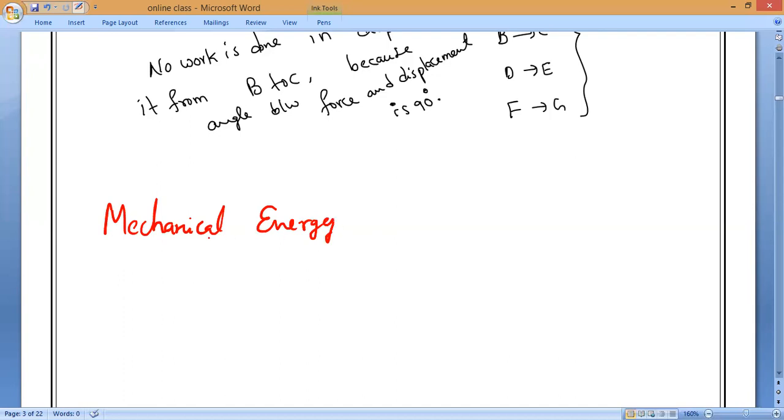I have taught you or not? Mechanical energy, remember, is basically represented with U. Mechanical energy means the sum of potential energy plus kinetic energy.